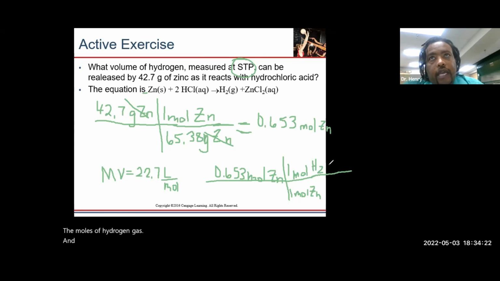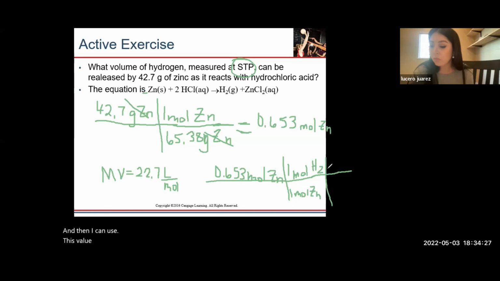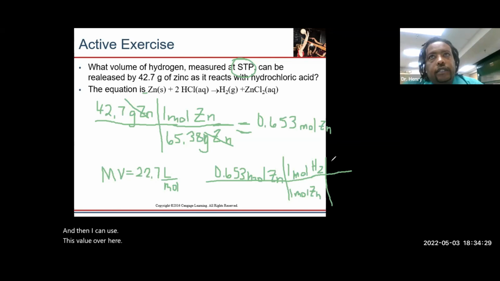And then I can use this value over here to convert to liters.